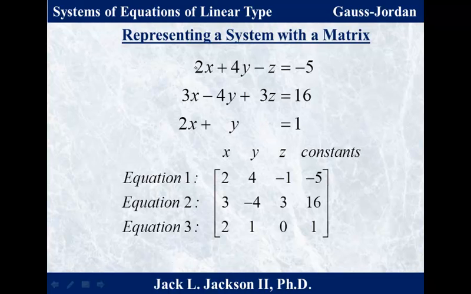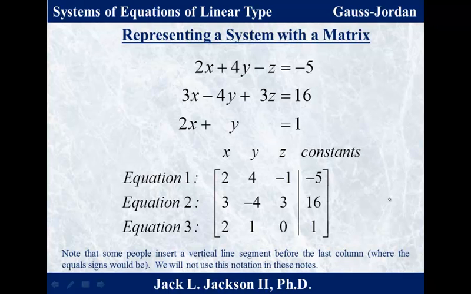So looking down here, we see the coefficients of x are 2, 3, 2. That's the first column. Coefficients of y are 4, -4, 1. That's the second column. -1, 3, 0 for the coefficients of z, third column. Then we have our equals, and then we have our constants, -5, 16, 1.